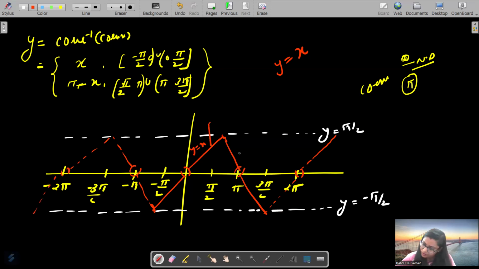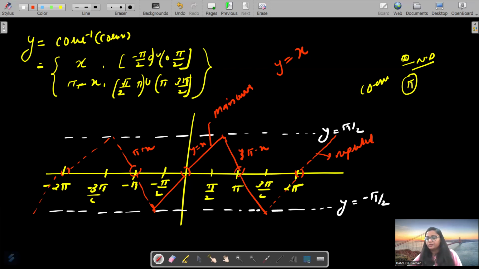Actually this is pi minus x, and this is pi plus x. So this is the main curve, and this is a repeated curve. This is the repeated curve. Okay. So this is the graph of cosec inverse of cosec x.